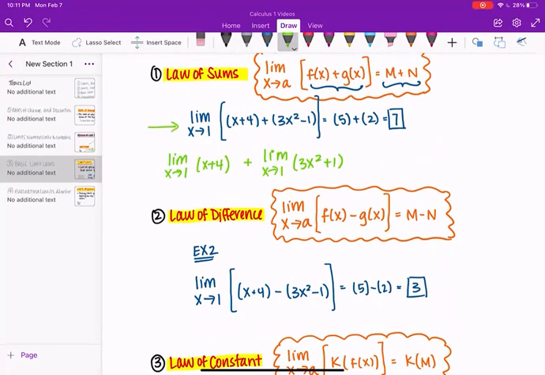In the second line, I'm going to take the limit of each individually and sum them together. Hopefully by the end of this you'll see that these are essentially the same process.